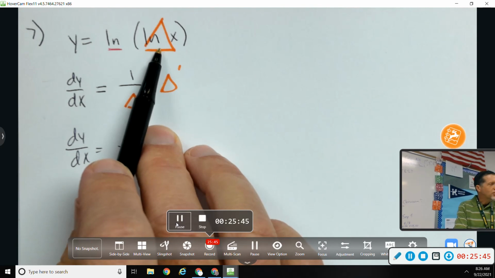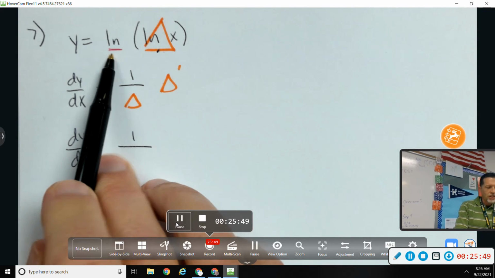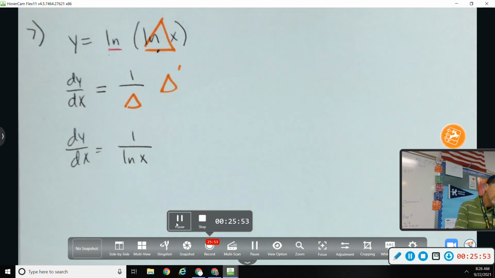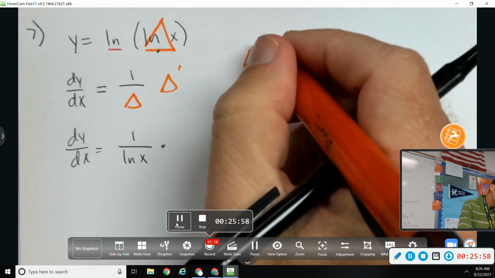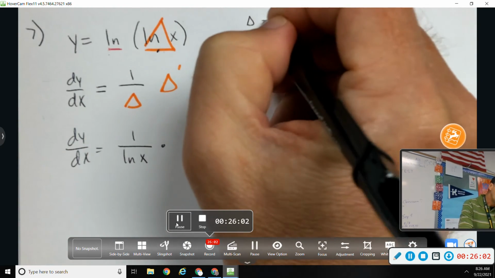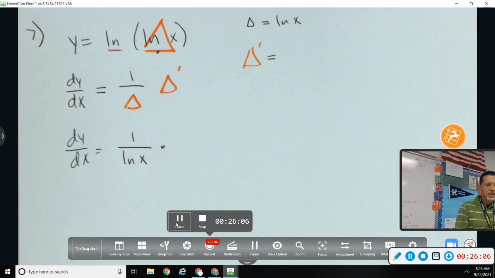This is a little bit weird. Derivative of the outside natural log is 1 over the argument, so 1 over natural log x times derivative of the orange triangle. Well, if the orange triangle is natural log, what's the derivative of natural log? 1 over x.